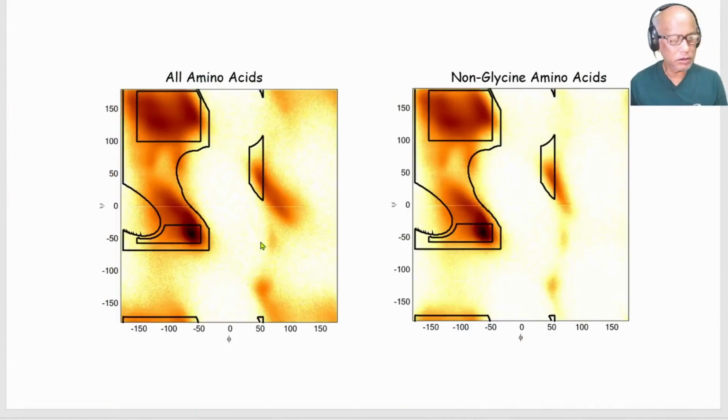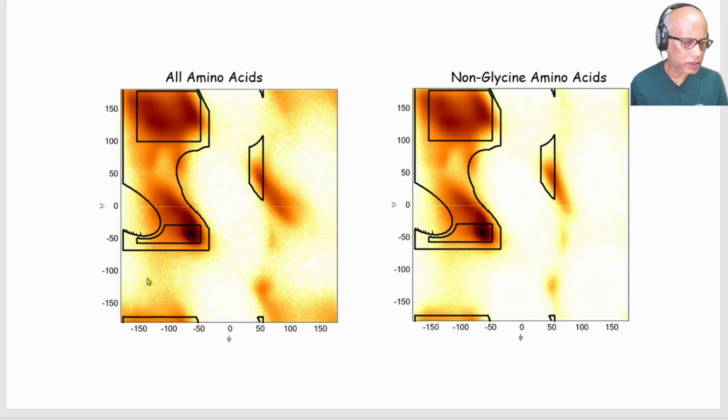If you look at the Ramachandran maps which I had shown earlier, superimposed with the phi-psi conformations taken from the protein databases, we do find a majority of the protein phi-psi conformations are within the allowed regions. However, there is quite a significant fraction over here, which are outside.